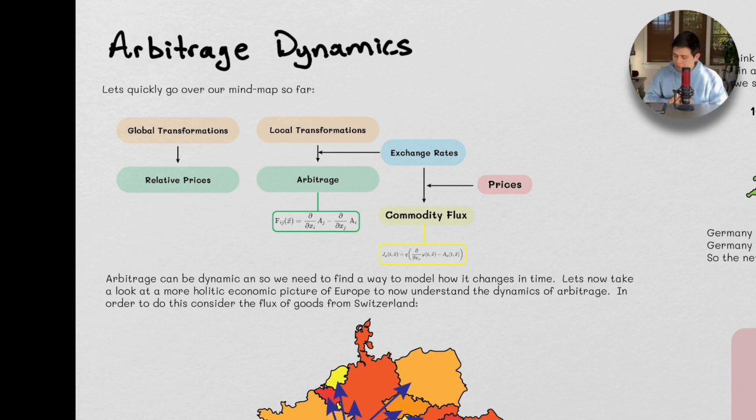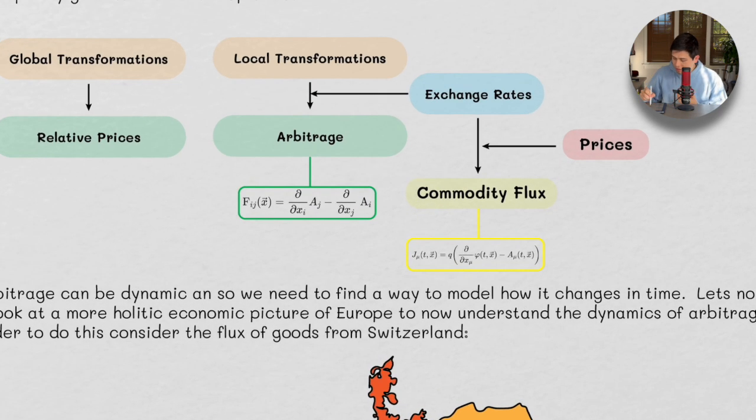Relative prices are the invariant properties that global transformations are attributed to, and arbitrage is the invariant property that local transformations are associated with.